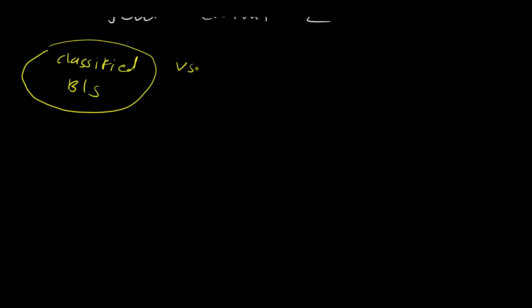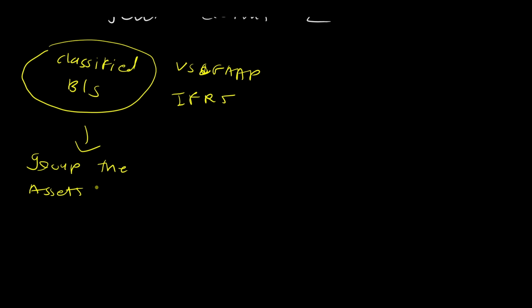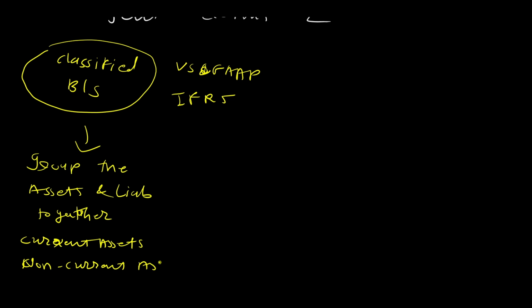There is the method of the classified balance sheet, used in both US GAAP and IFRS, which groups the assets and liabilities together, like current assets and non-current assets, and current liabilities or non-current liabilities.